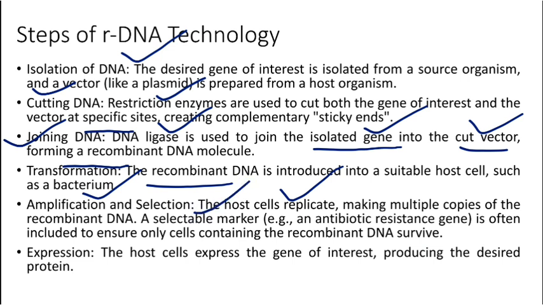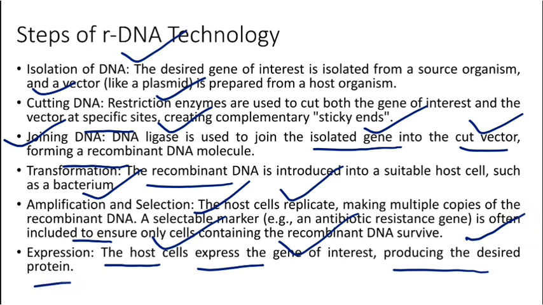A selectable marker is often included to ensure only cells containing recombinant DNA can survive. Next is expression. The host cell expresses the gene of interest, producing the desired protein. Next, we can extract that desired product, then purify it.